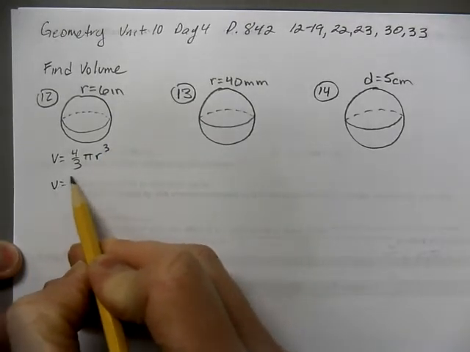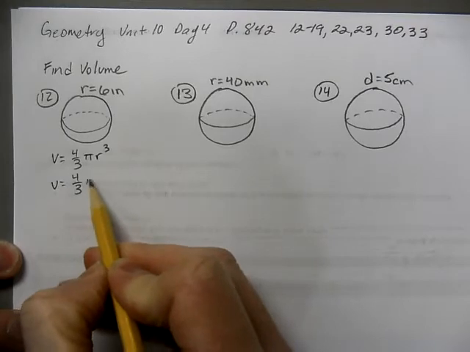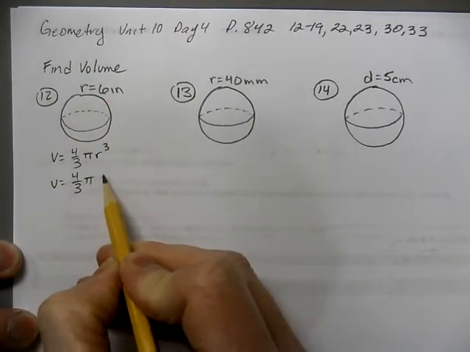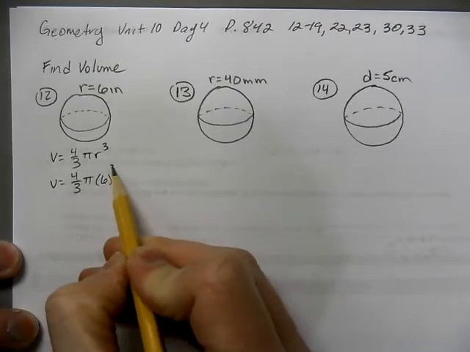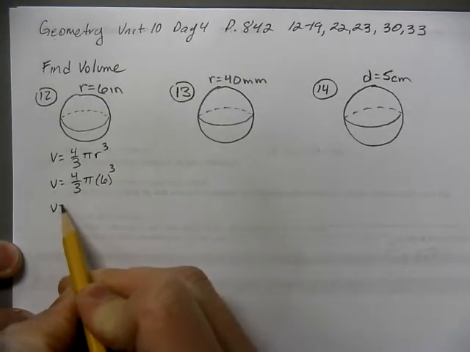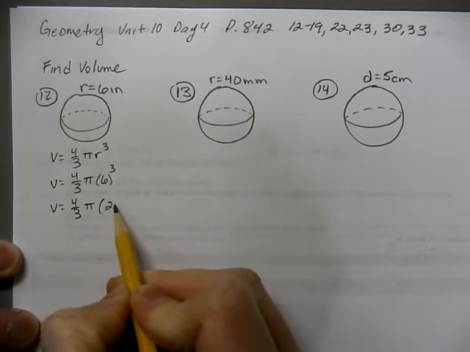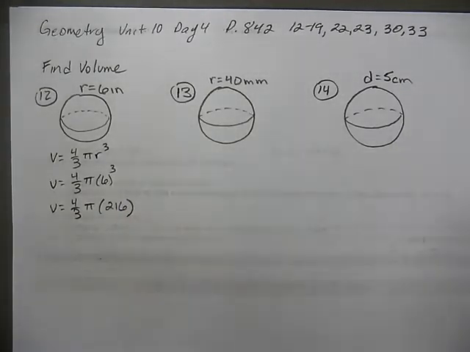So we're going to take the radius, which in this sphere is 6. We'll cube it. When we cube 6, we get 216. 6 times 6 times 6.